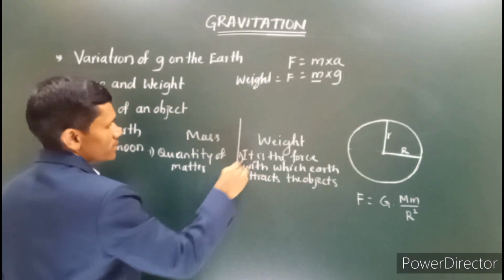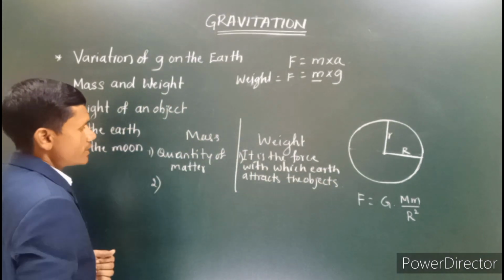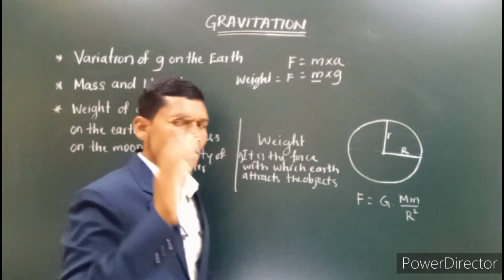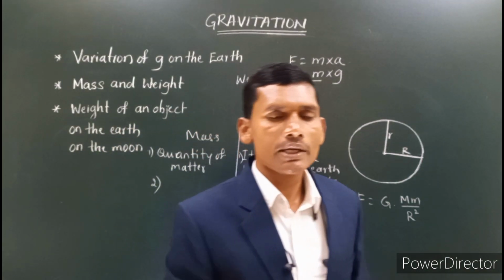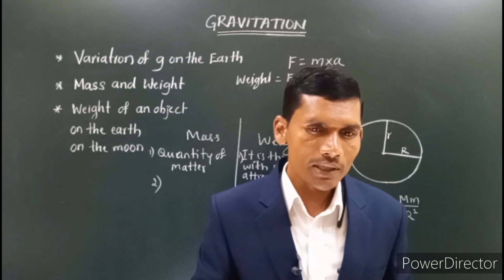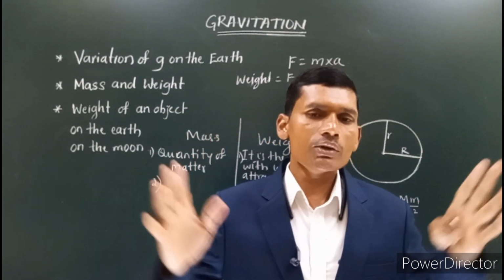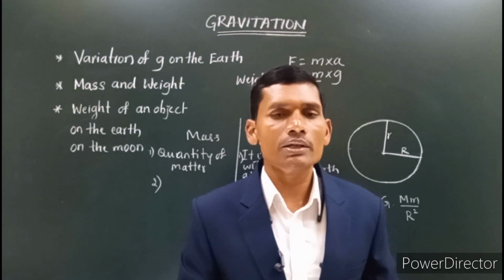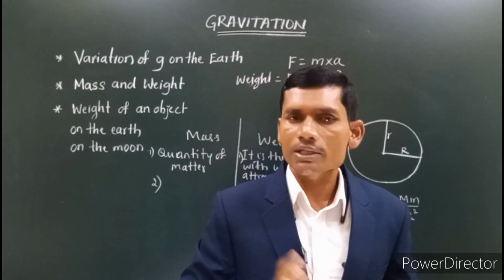First point over. Coming to the second point, the quantity of matter you take anywhere on the earth remains the same. You just take it out of the earth, it remains the same. In the universe, wherever you take the object, its quantity of matter always remains the same, it does not change at all.